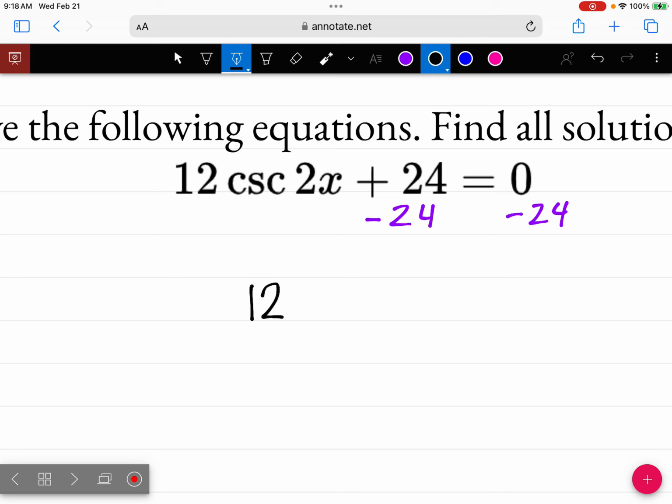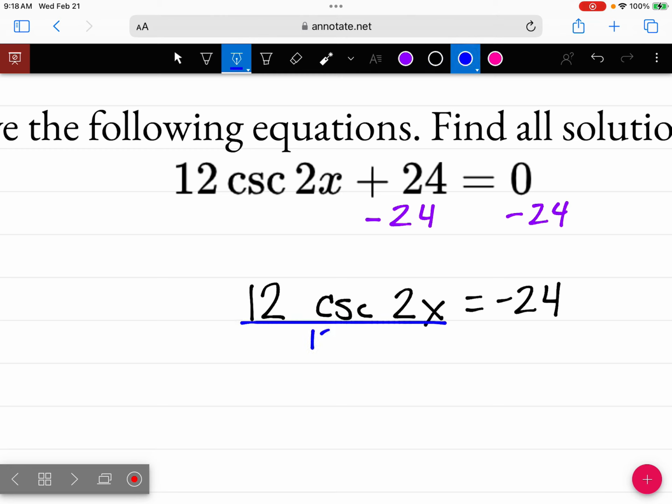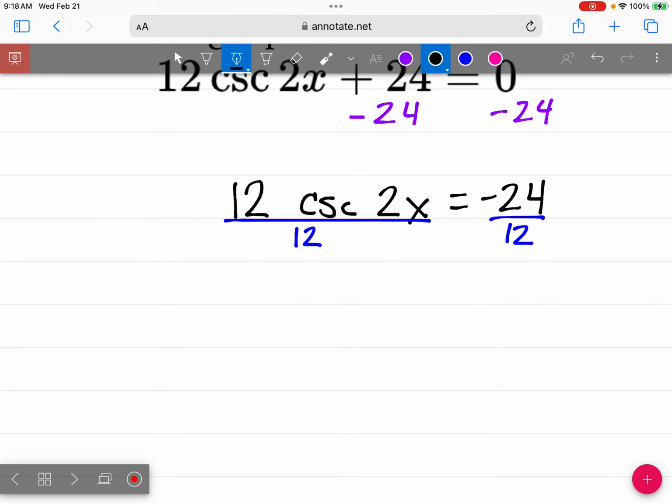Gives us 12 cosecant of 2x equals negative 24. Then what can we do? Divide by 12. Divide both sides by 12. We have cosecant of 2x equals negative 2.